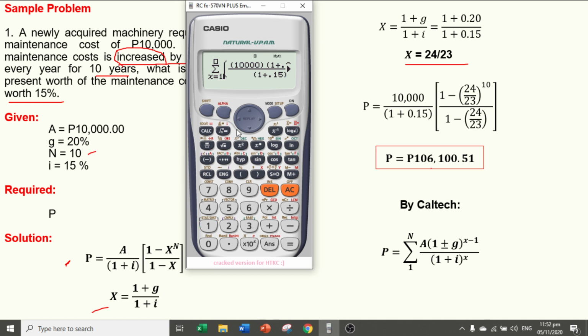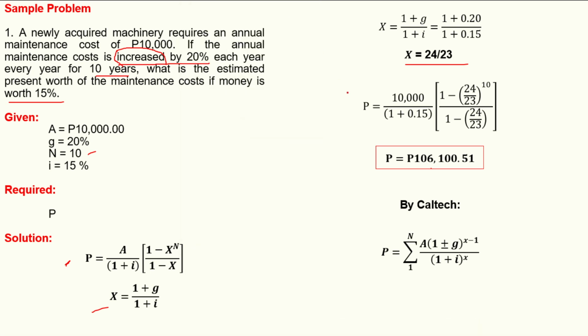Okay, from year 1 to, ano n natin? 10. Yun na, 106,100.51. Saktong-sakto. Okay? So, lahat pala ng topic na may kinalaman sa arithmetic and geometric gradient ay kayang-kayang isolve ng Caltech. So, that's all for this topic. Stay safe and thank you.